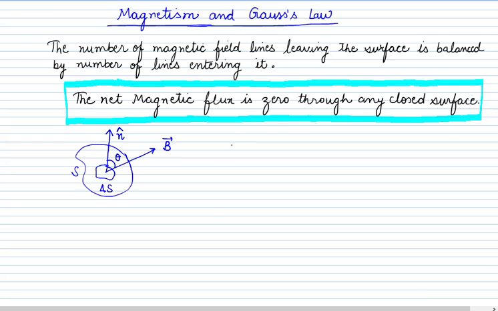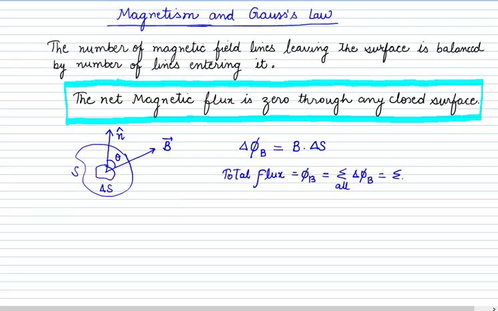So the magnetic flux through delta S is given as delta phi B. The phi symbol always stands for flux, and with B, that means the magnetic flux. So delta phi B is equal to B dot delta S, as from the Gauss law in electrostatics we have studied. If you want to calculate the total flux phi B, you have to take a summation of all these small elements delta phi B, then you will have the total flux through the surface over all the area elements.